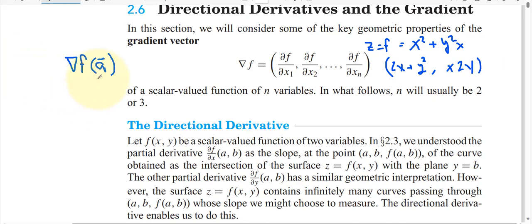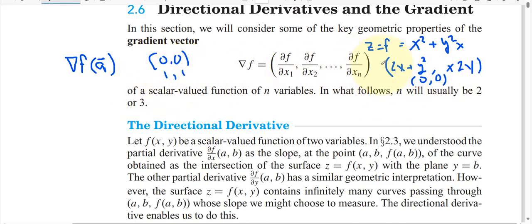Now, like we did before, we can put any point into here. If I want to put in the origin, that means we put in 0 for x and 0 for y. We do that and we get out a particular ordered pair: we get 0 and we get 0. That's kind of a strange example, but we could also put in, say, 1, 1.